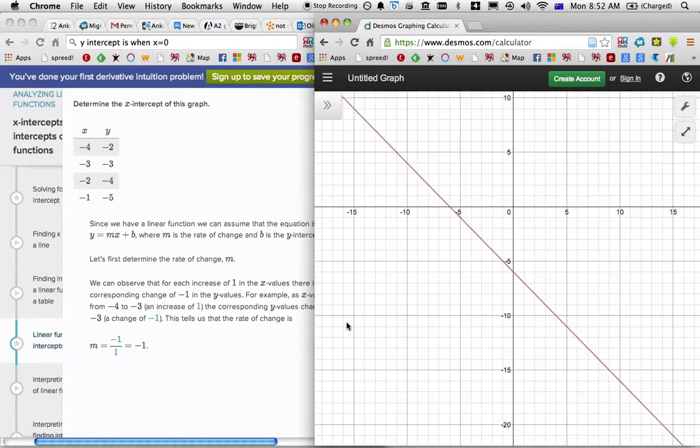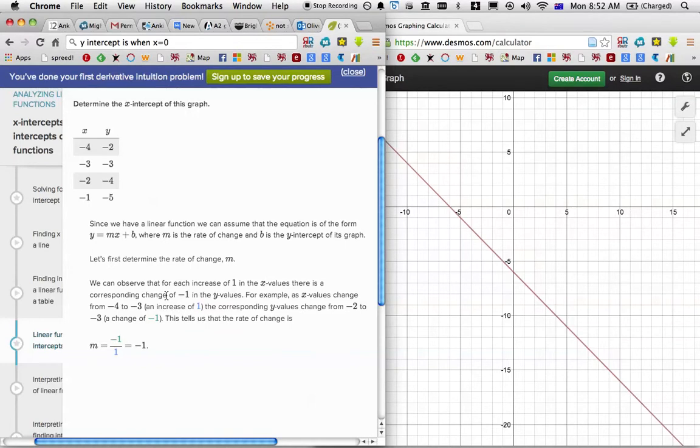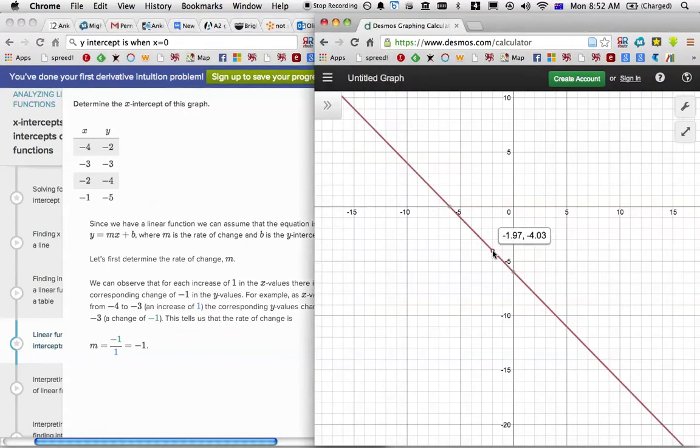So what we're saying is that we can observe that an increase of 1 in the x values, so this is going, for example, from x equals -2, which is here, there. See, x is the first coordinate, because we go x, y, z. X is the first coordinate, -2, and we start at -4.